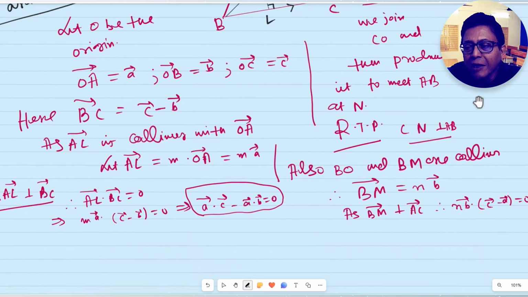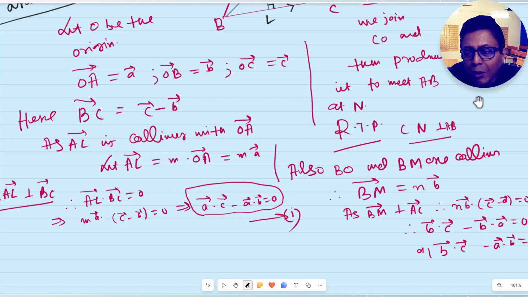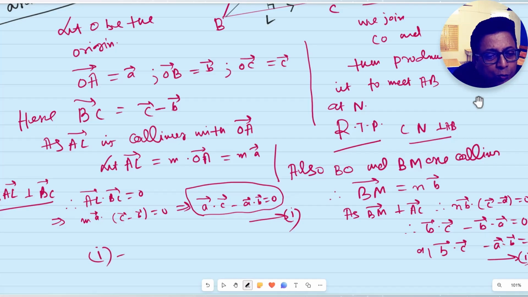So this will imply B dot C minus B dot A equals 0. So you take this one as number 1 and this one as 2. Then you subtract 2 from 1, just do 1 minus 2. If you subtract, what do you get?